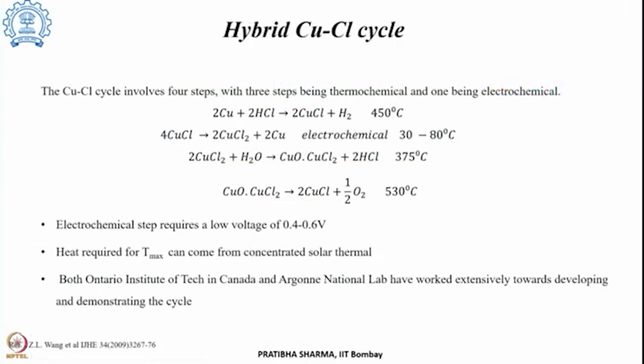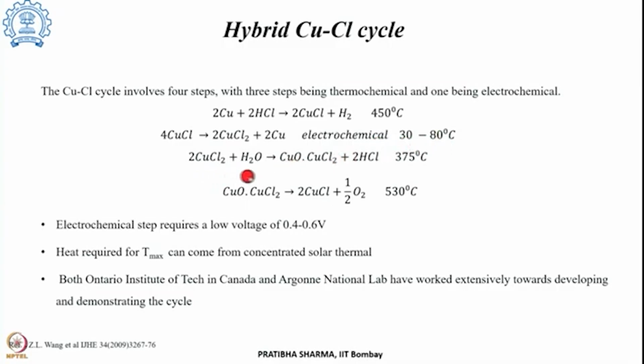One such cycle is the hybrid copper chlorine cycle. This involves 4 steps; steps 1, 3 and 4 are thermochemical steps, and the second one is an electrochemical step. Copper reacting with HCl produces CuCl, at a temperature of 450 degree centigrade. This undergoes an electrochemical reaction to produce CuCl2, taking place between 30 to 80 degree centigrade.